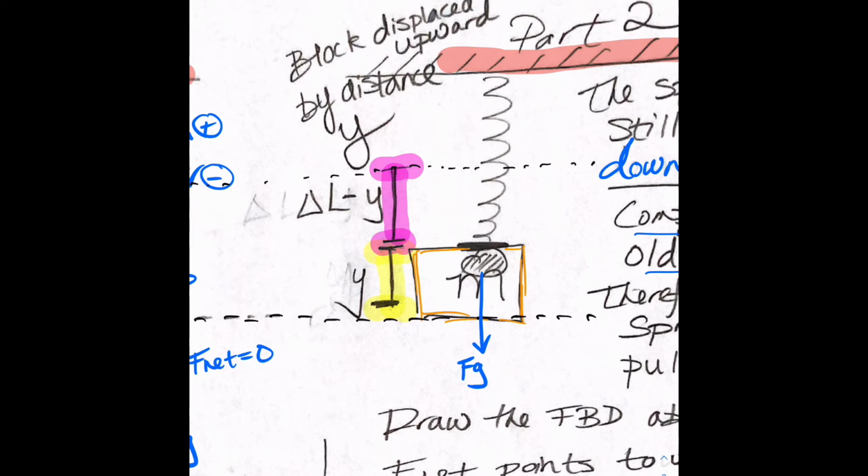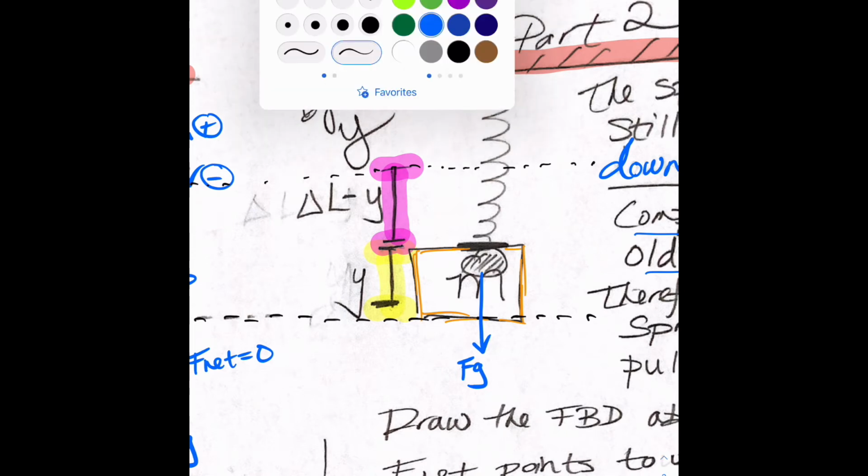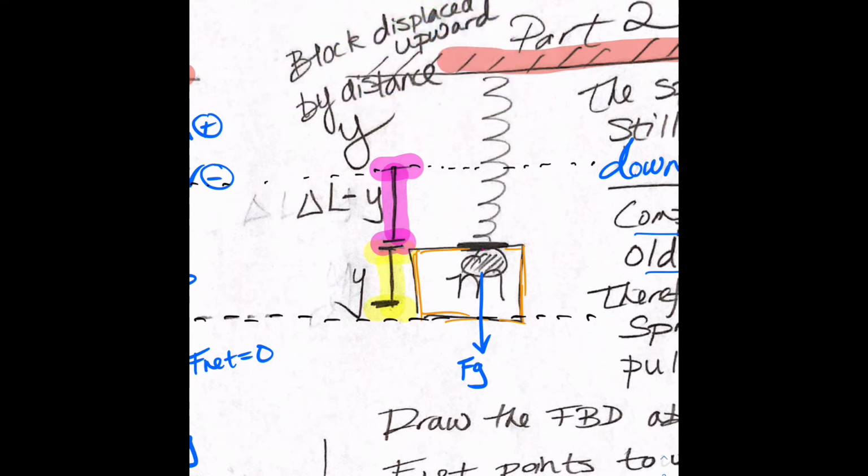So therefore, the force spring doesn't pull as hard, because it's not displaced as far. So it's going to pull with less force, this force spring that points upwards. I'll draw this in pink, I guess.